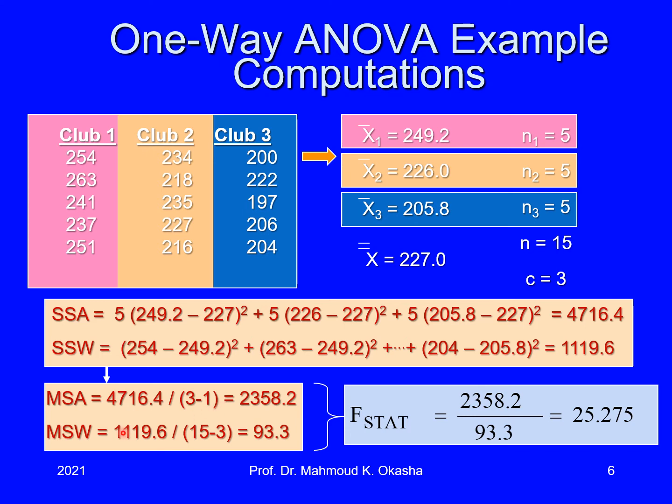And the MSW is the SSW divided by N minus C, which is 15 minus 3. Not N minus 1, but N minus C. The result will be 93.3.